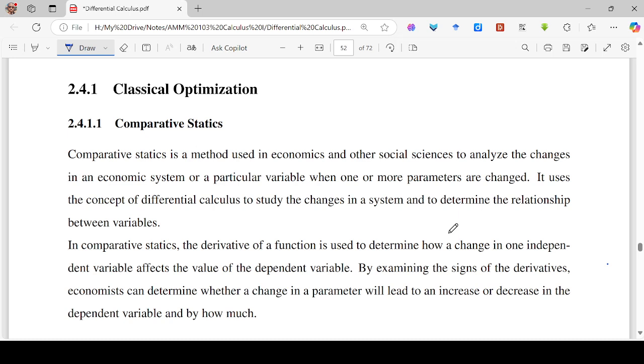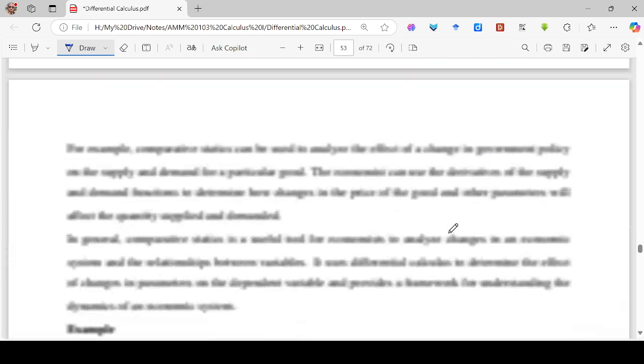So by examining the signs of the derivative, economists can determine whether a change in one parameter will lead to an increase or decrease in the dependent variable, and by how much.